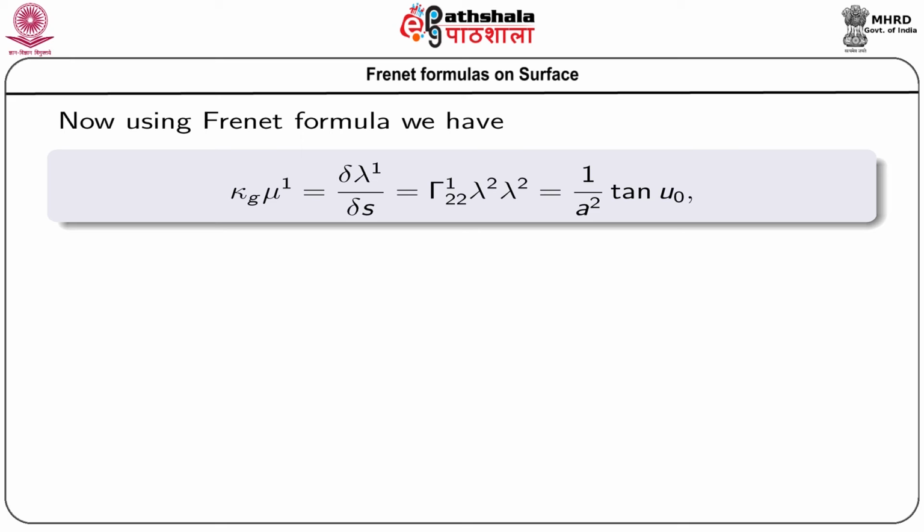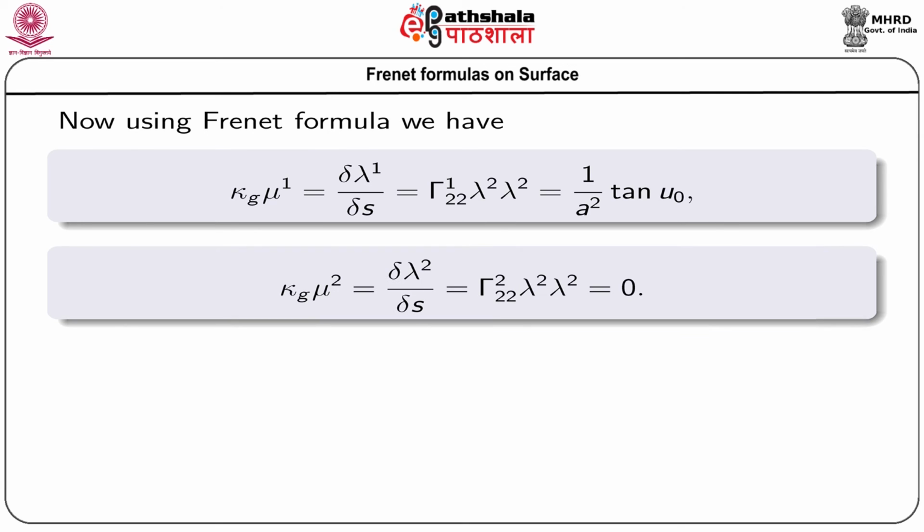So, if we put the values, we get kappa g mu 1 equals 1 by a square tan u 0, and kappa g mu 2 we get 0.